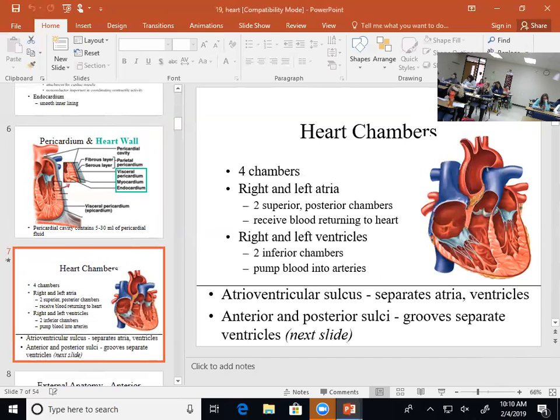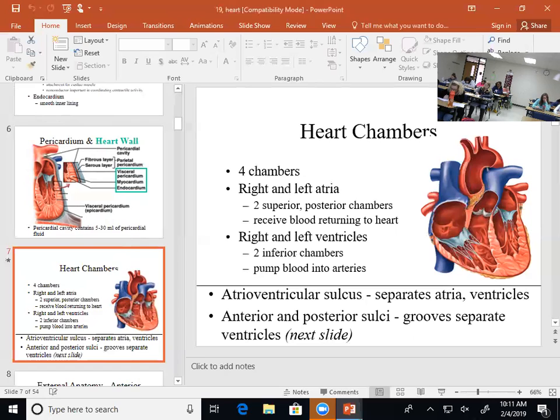I think everybody knows that. Now we're going to name them. The 2 upper chambers are called the atria of the heart, and the lower chambers are called the ventricles of the heart. The upper chambers, you've got a right atrium, singular, and a left atrium. And the lower chambers, you have a right ventricle and a left.